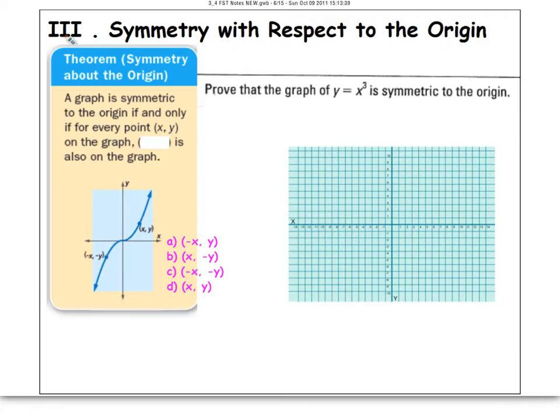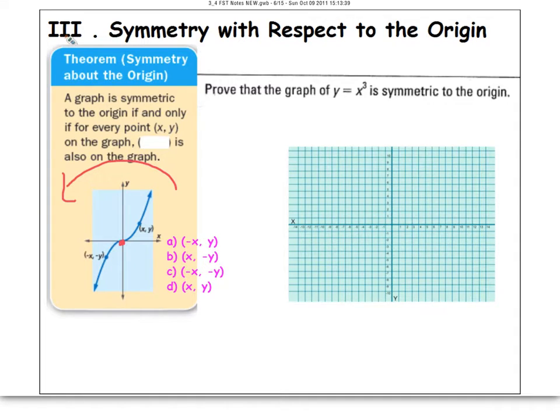Now, you are going to have to prove if something is symmetric with the origin, meaning it has rotational symmetry within 180 degrees. If we look at this function here, it looks like it could possibly be y equals x cubed, but I'm not sure. The origin is right here, so if we hold our finger steady on the origin and rotate this graph, it will end up looking like itself in 180 degrees.